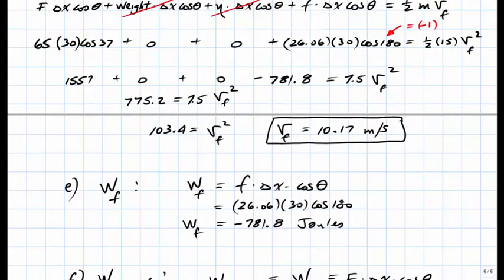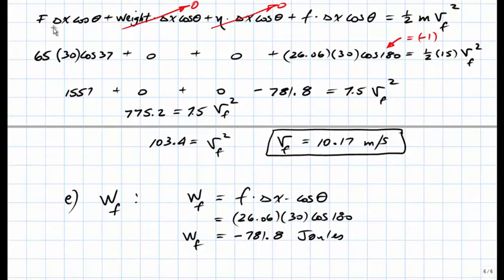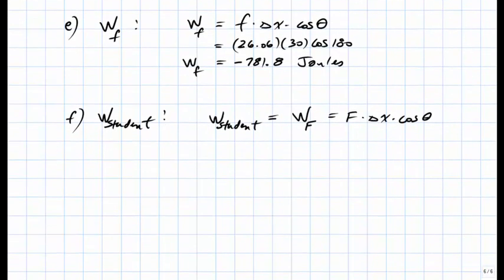If you'll notice, here's the expression right here, force delta x cosine theta. So if we just copy these values, we actually have the result. We could just go right to the result. But just to be very clear, I'll introduce the values right here.